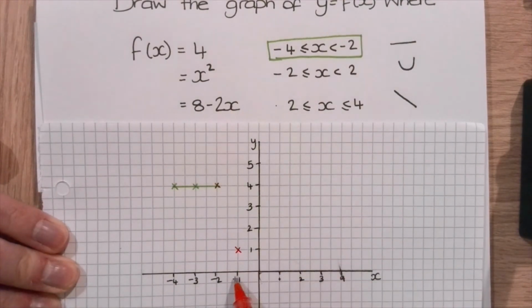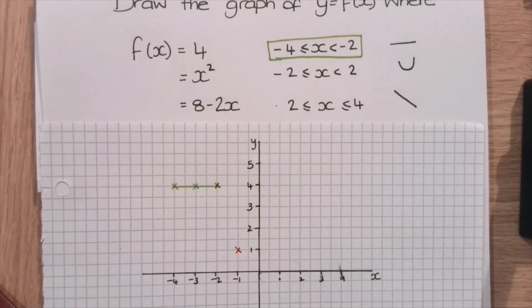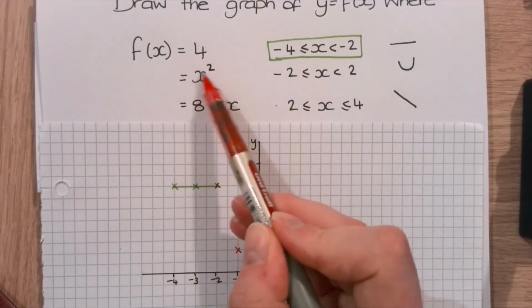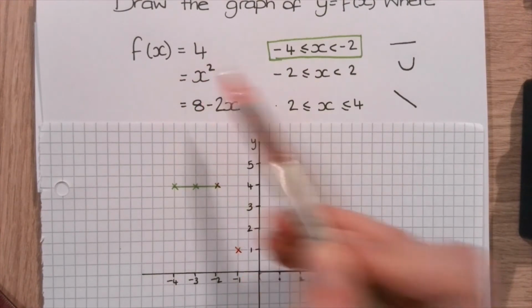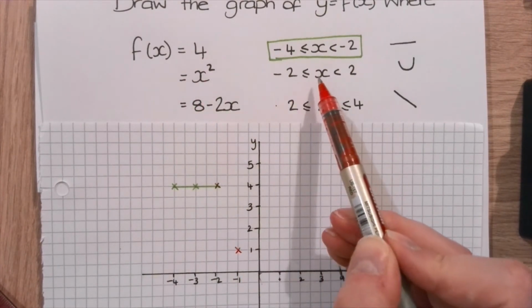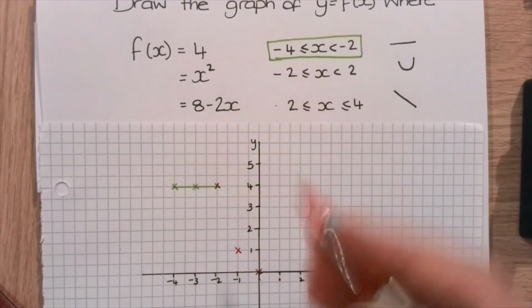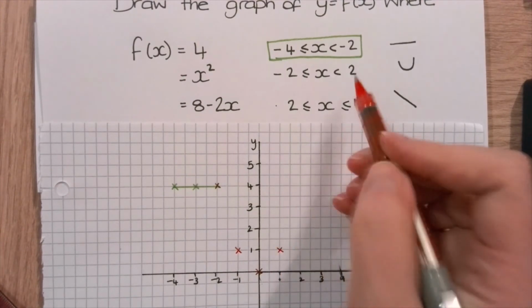So when x is -1, the y value is 1, because when I substitute x equals -1, the output for that is 1. Then I need to go for the next one, which would be 0. 0 squared is 0, so I can put that on. Next one's 1 squared, 1 squared is 1, and then finally 2 squared.